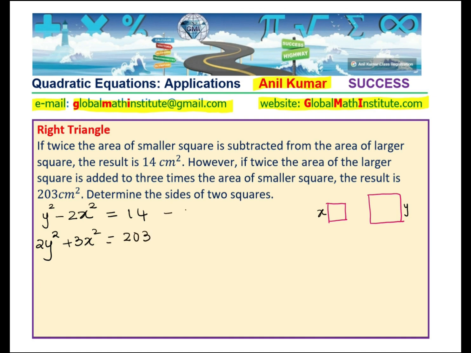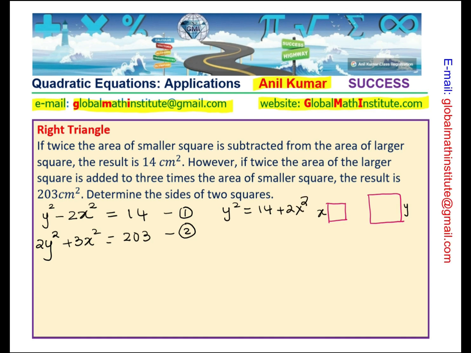So that gives us two quadratic equations, which we need to now solve. We can substitute the value of y square from the first equation into the second equation and then solve it. So from the first equation, we have y square equals 14 plus 2x square.